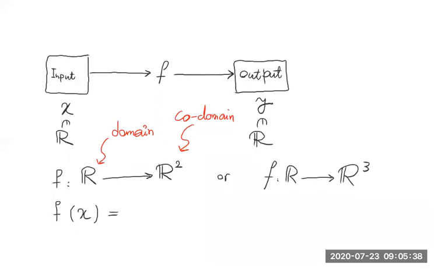So f of x is not just a number, it is a vector. For example, the first component can be something like x squared plus 2. The second component can be something like sine of x.